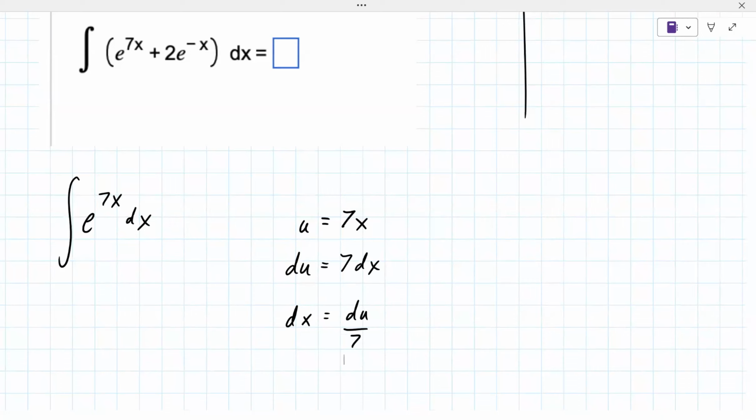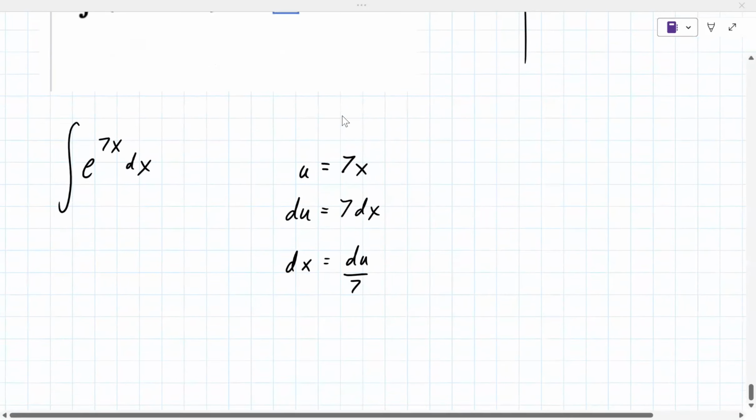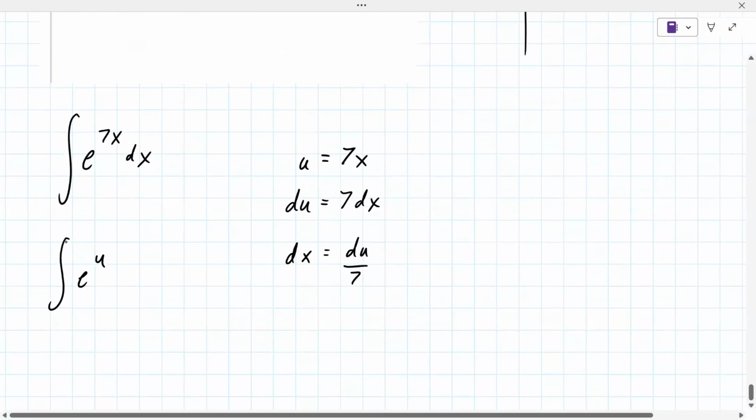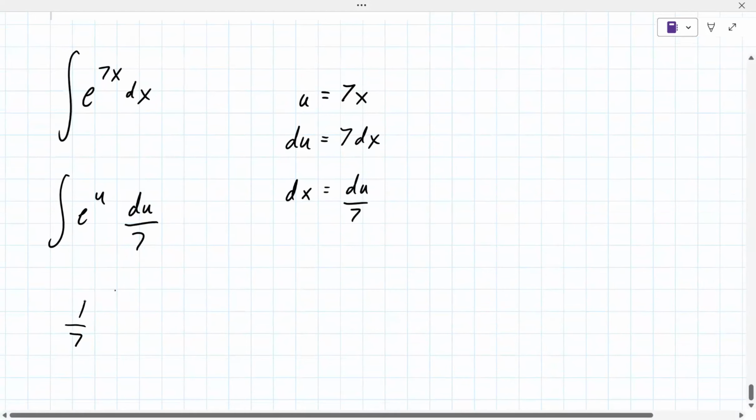So this looks like integral e to the u, and then it's du over 7. So it becomes 1/7 integral e to the u du.